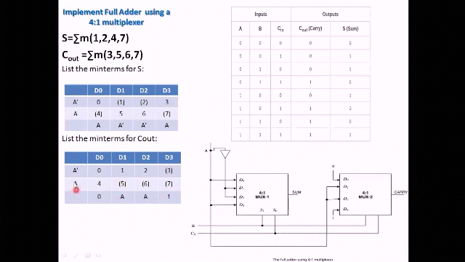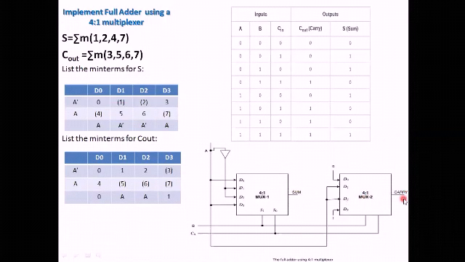Next, we have to draw the logic circuit. Look here, in the case of a full adder, there are two outputs, sum and C out. So here there will be two outputs, sum and carry, or sum and C out. You can write both.